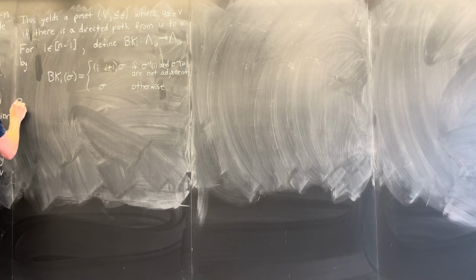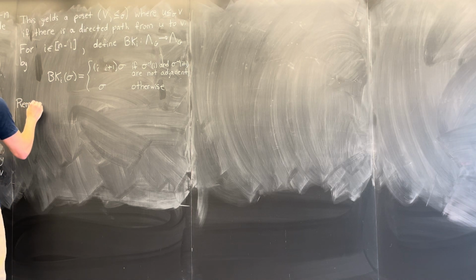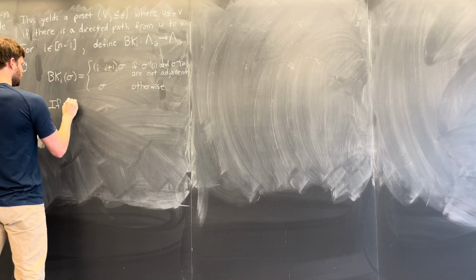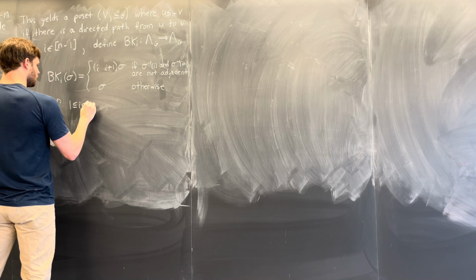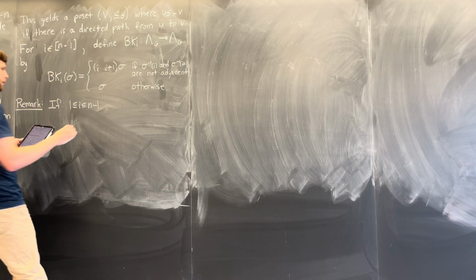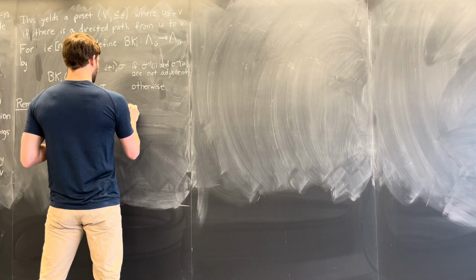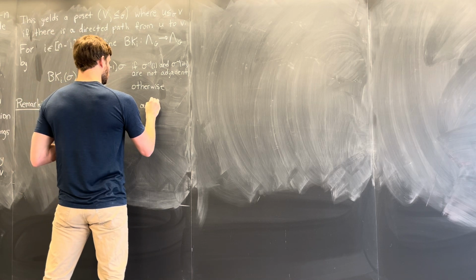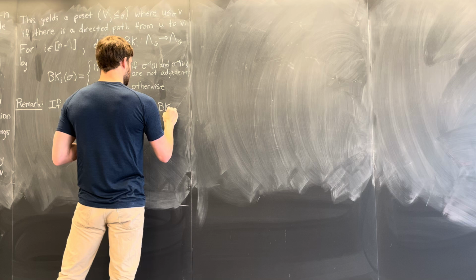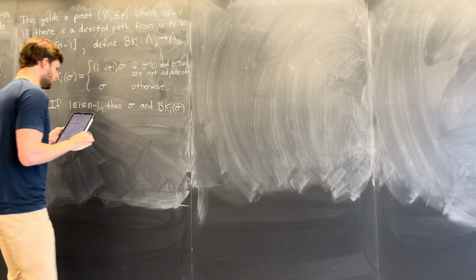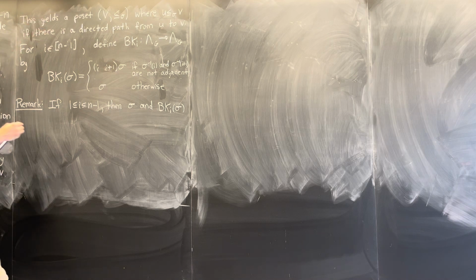So, one more. If i is between 1 and n minus 1, then sigma and bk sub i of sigma induce the same partial order.